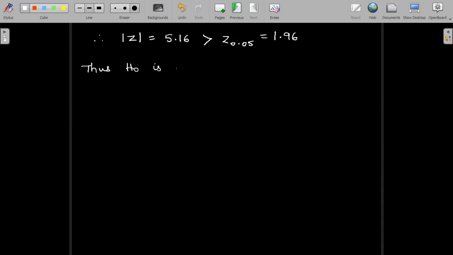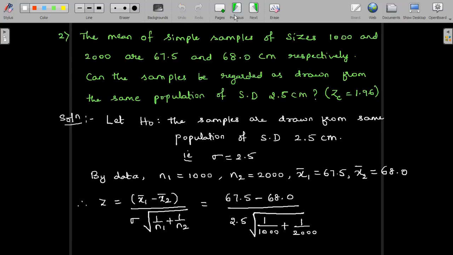H0 is rejected. Now what is the meaning of H0 being rejected? The samples are not drawn from the same population of standard deviation 2.5 centimeter.